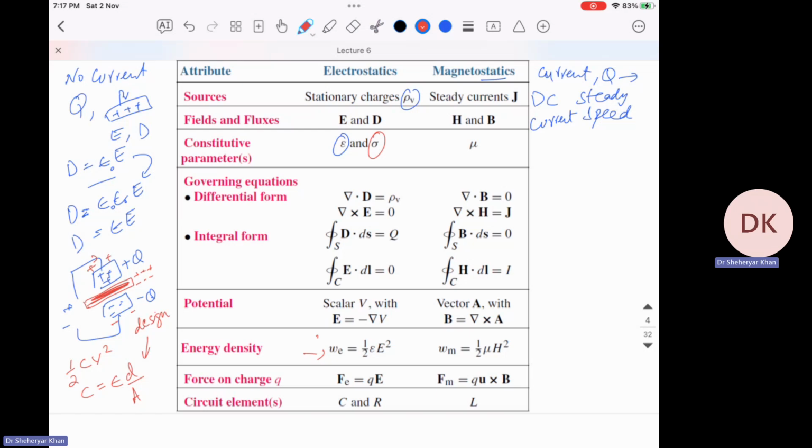And if you look at the forces here, the force is totally due to the charges. That's electrostatic force, right? That means that when the charges either attract each other or repel each other, they will experience a force. That's called the electrostatic force. And the devices or the elements that we actually found are capacitors and resistors, right?